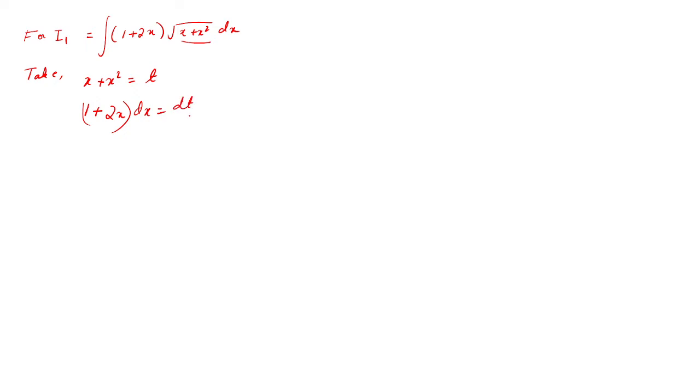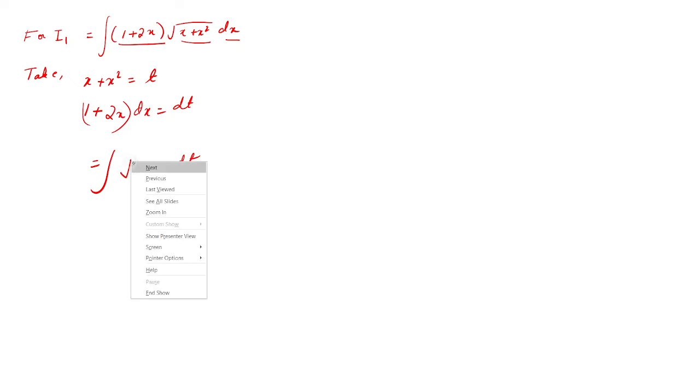Therefore, 1 plus 2x into dx is what? It is dt, right? And what is x plus x squared? It is nothing but t. Remember there is a root, so you'll have to put a root, root t. Now, let's integrate this. Root t can be written as t to the power half.